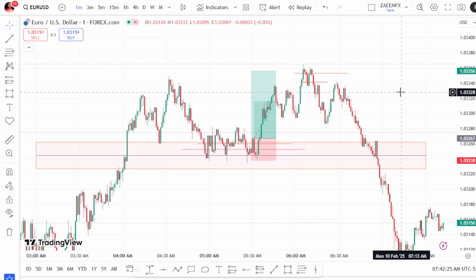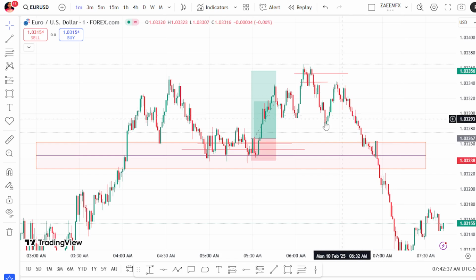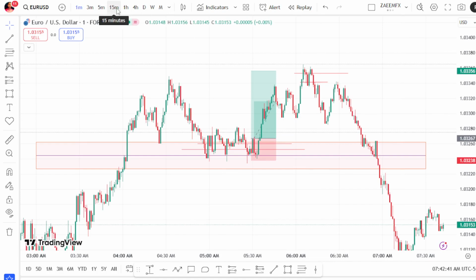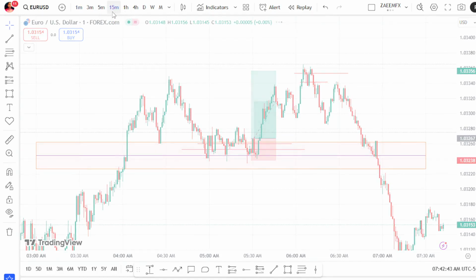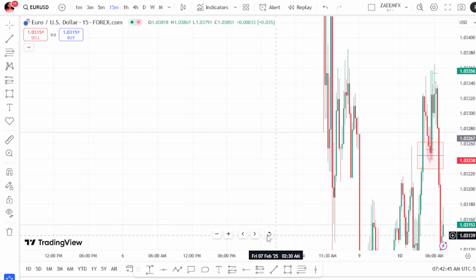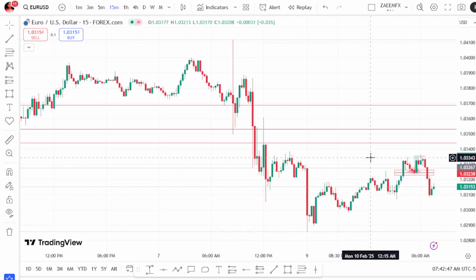In this example, I'm going to explain every detail of how this execution was taken, or why this entry was taken. This is on the 1 minute chart, and I was on the 15-minute time frame. This is EURUSD.